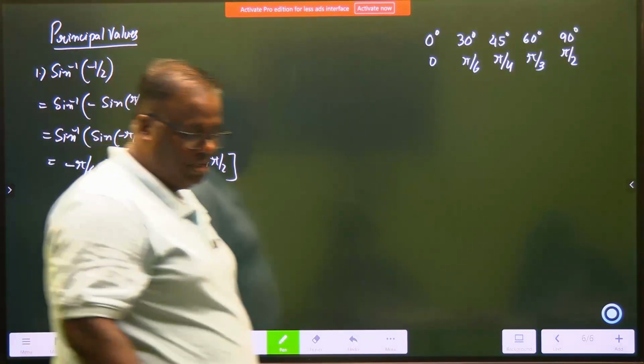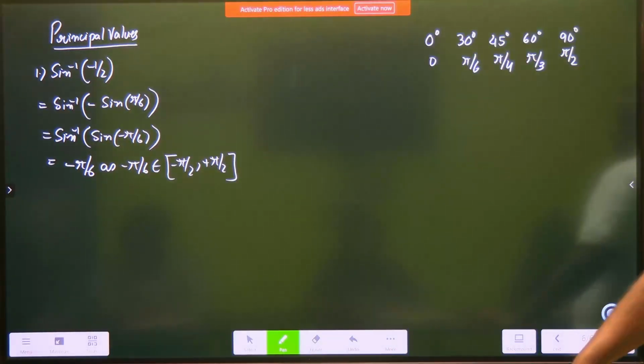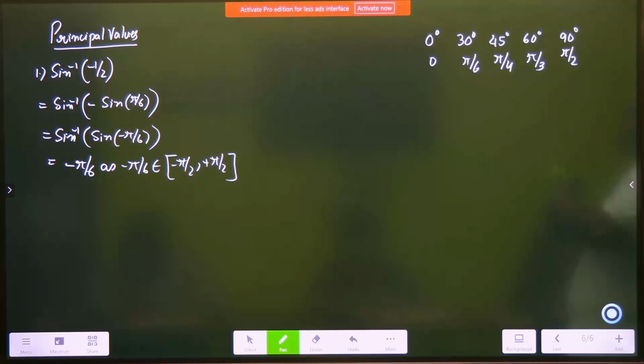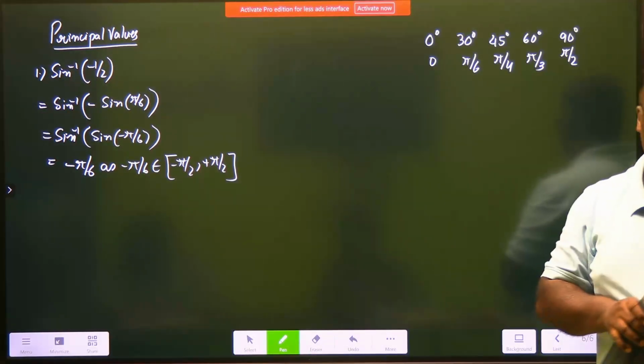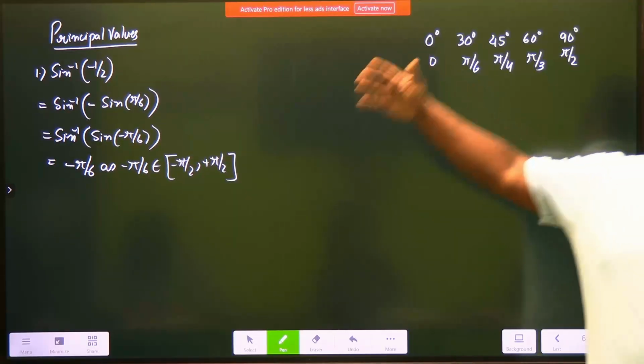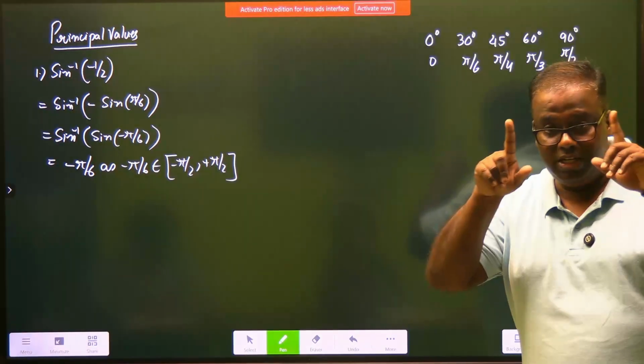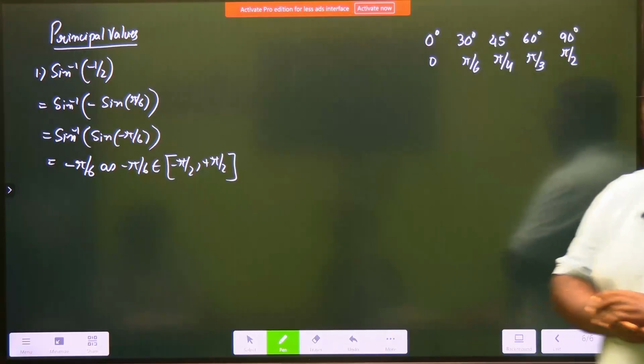And for inverse function, I should know the inverse principal range, and this is the principal value of the function of this problem. Acha, children, sine inverse negative half, calculator may give you many values, but the principal value is only this, because only in this range the function's inverse exists.